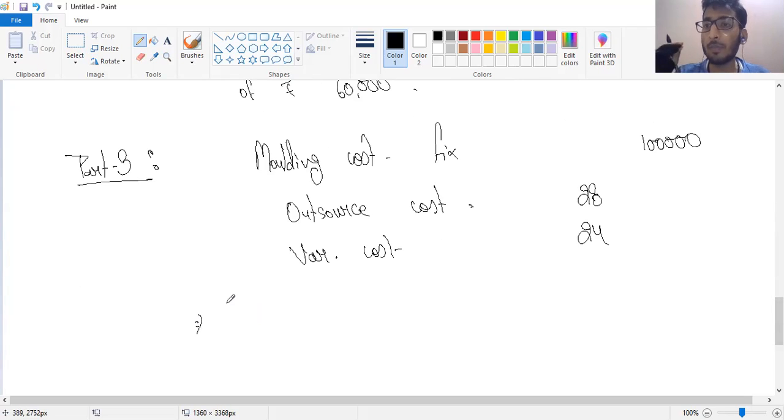Basically 28 rupees for outsourcing and 24 is the variable cost, so my variable cost is lesser. But I need to bear the 1 lakh rupee fixed cost. So for how many toys would my fixed cost be covered? At what point would my fixed cost be covered? This is basically the concept of the indifference point.